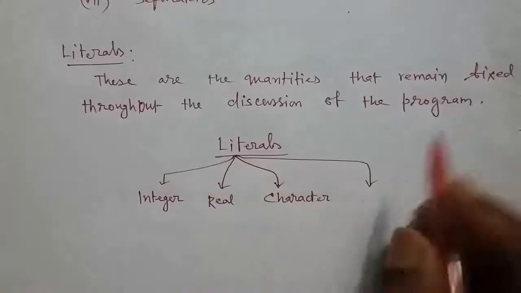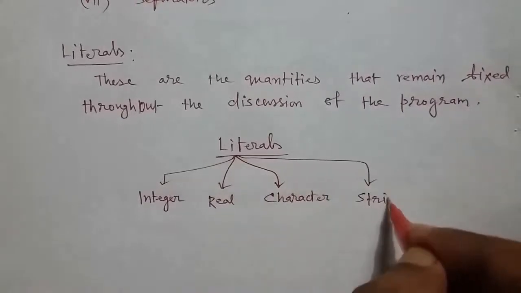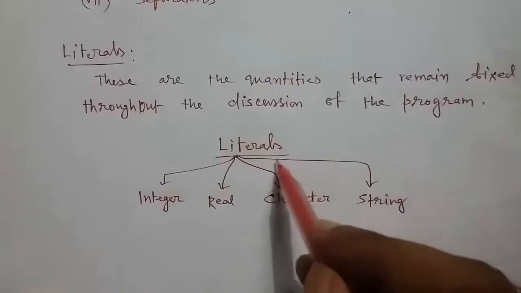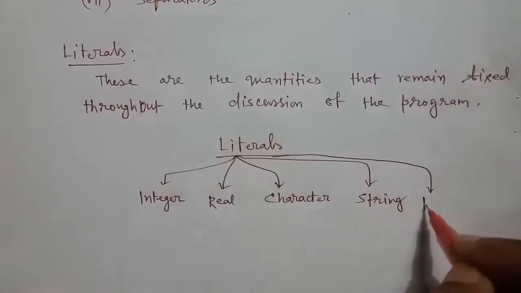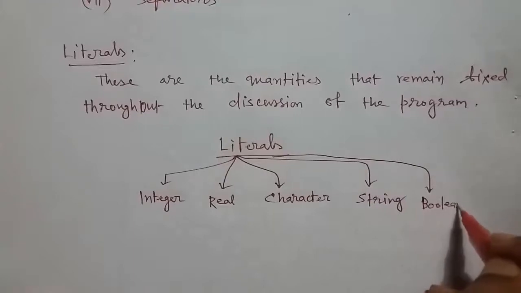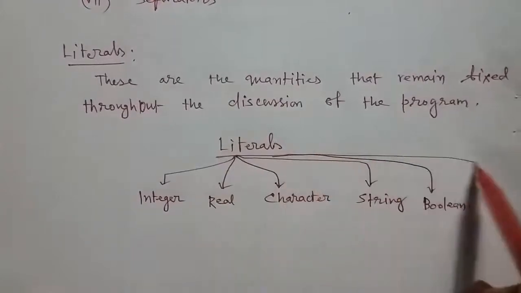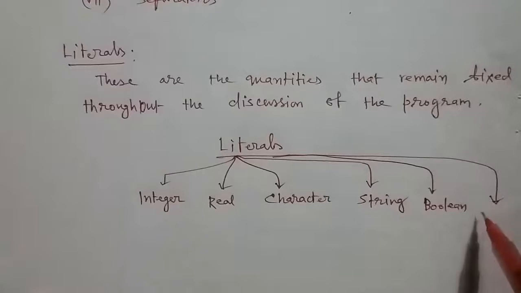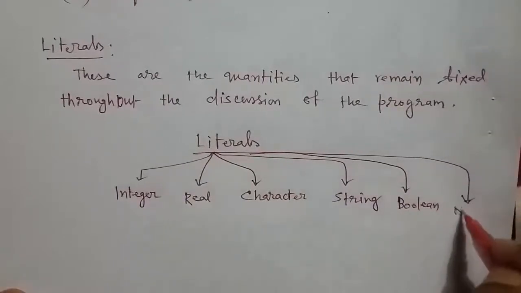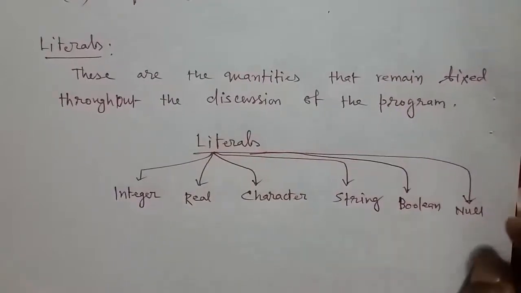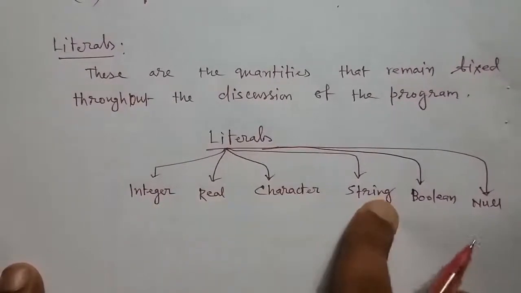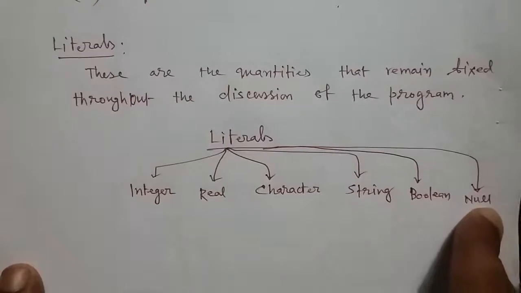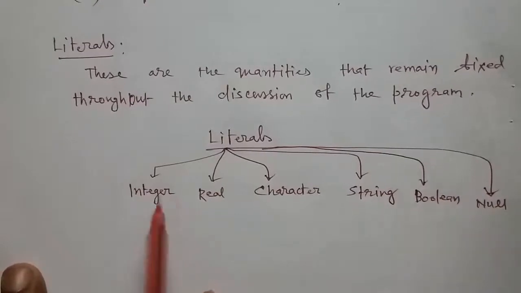Number 4, string literal. Number 5, Boolean literal. And another one is null literal. Okay. So integer literal, real literal, character literal, string literal, Boolean literal, and null literal. These literals are used in Java programming.